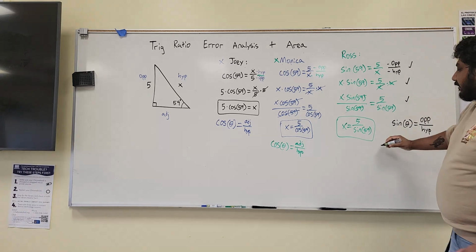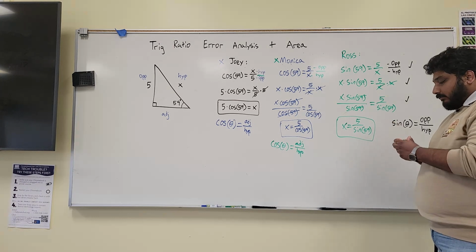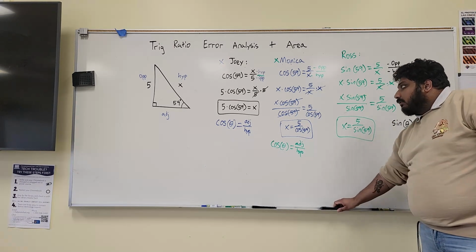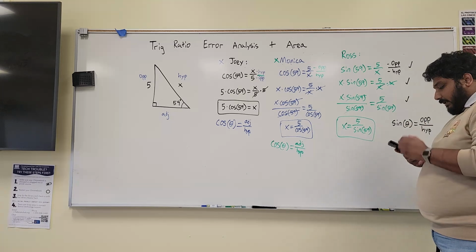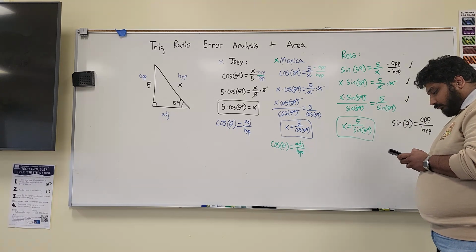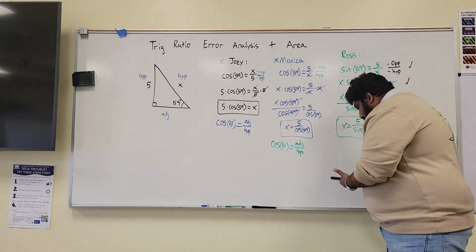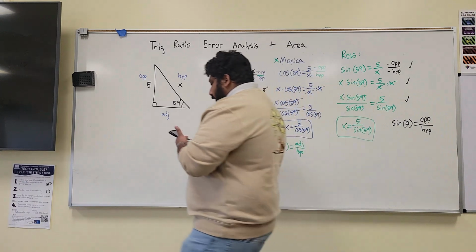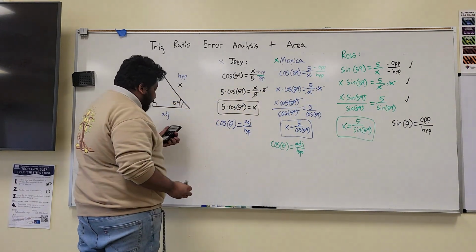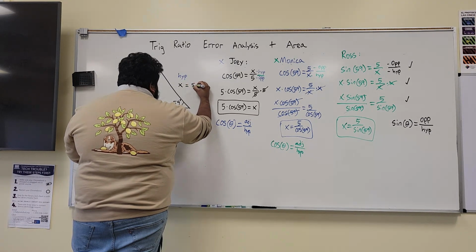And then his final setup is x is equal to 5 over sine of 59. Let's plug that into our calculator and see what that comes out to be. Okay, we got x is equal to 5.833. We'll round that to 5.8.